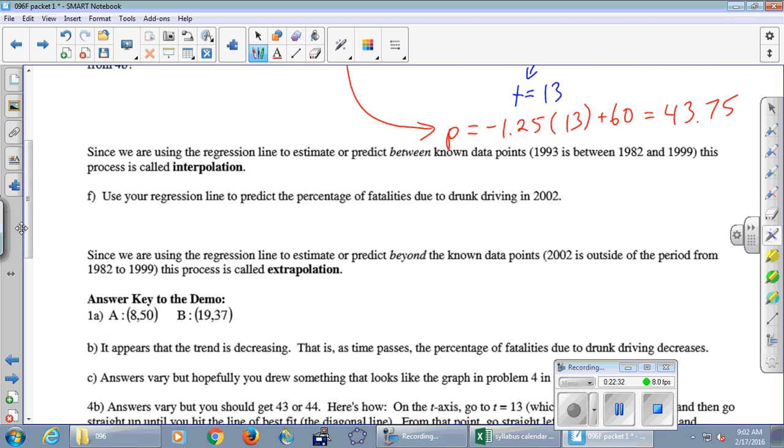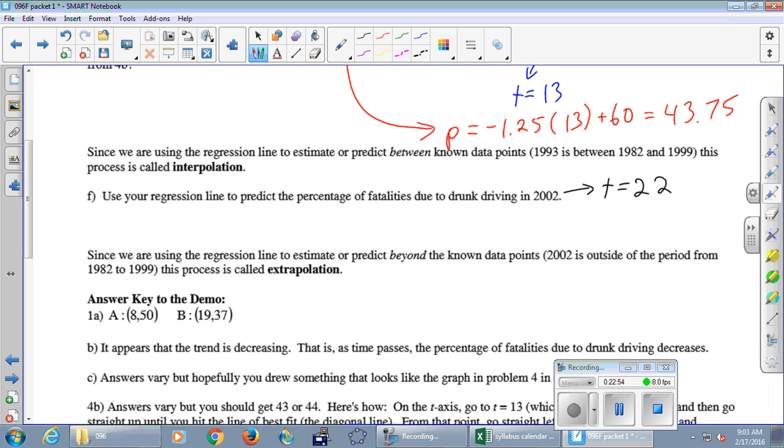But now we're going to use a regression line to predict the percentage in 2002. And 2002 is outside of the table, right? It's past the end of the table. So let's go ahead and use our regression line here. What value of t is this? 22, right? 1980 is 0.